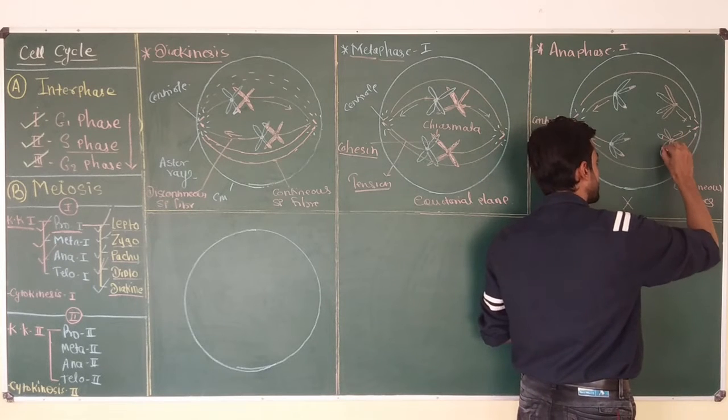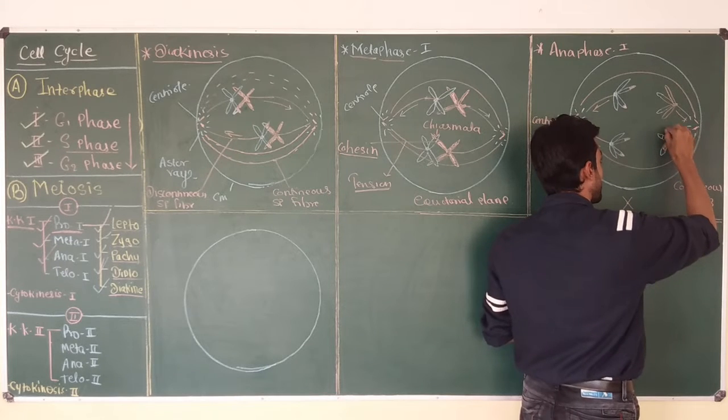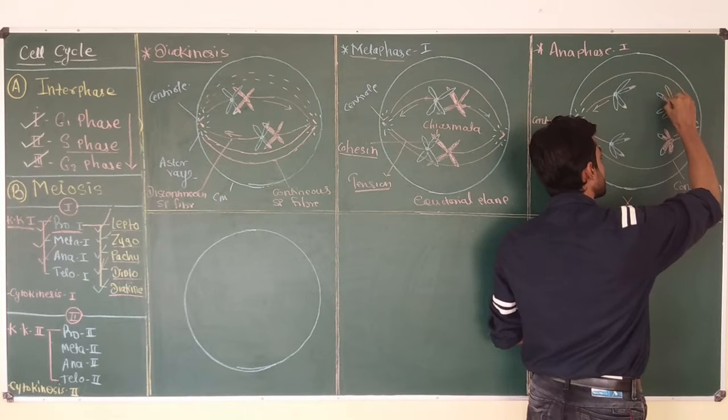That means now these chromosomes are moving away from one another with recombinant genetic information.